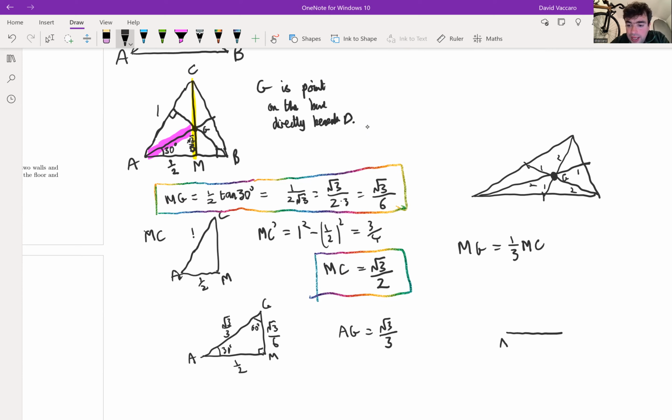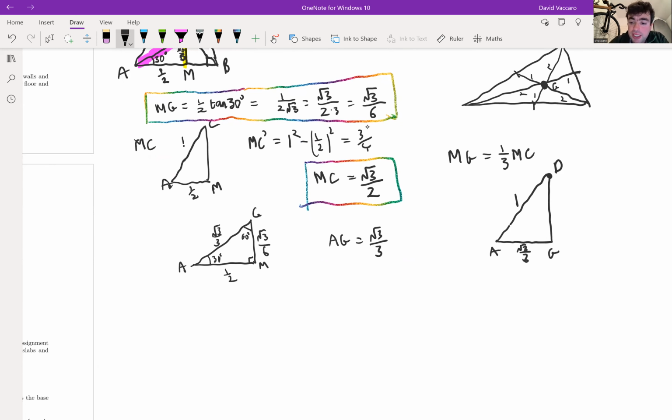It looks like this, and AG is √3 over 3. AD is the side length of the regular tetrahedron, so it's just 1.